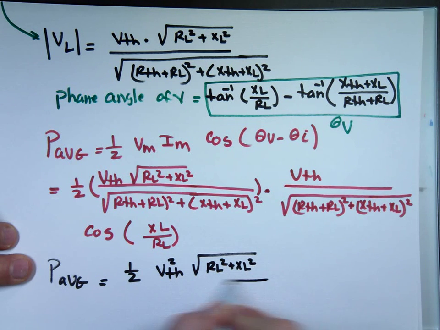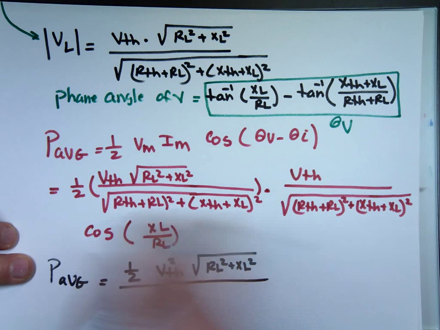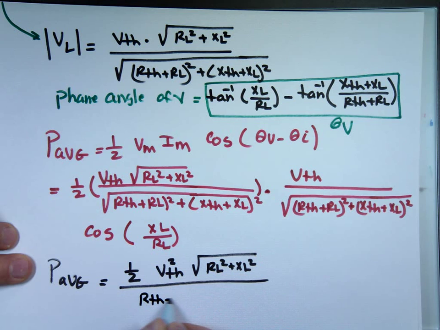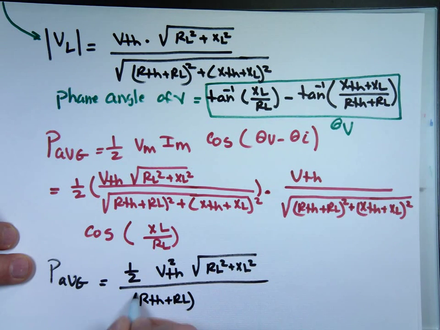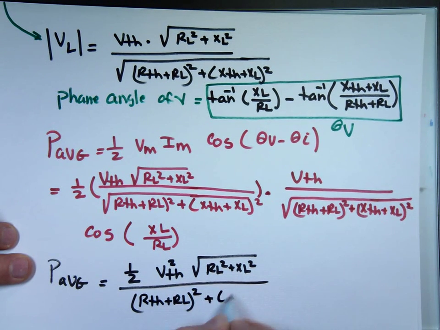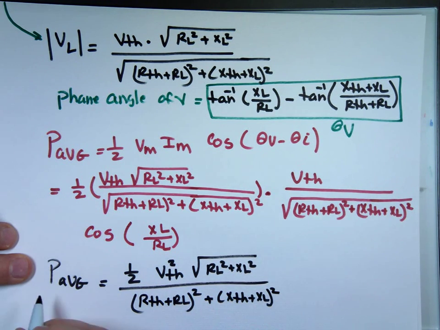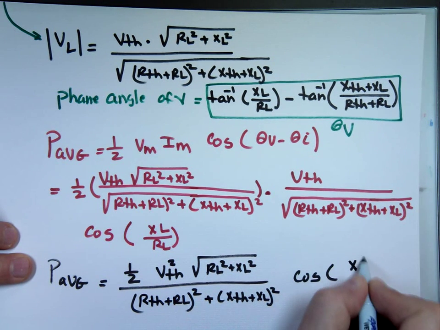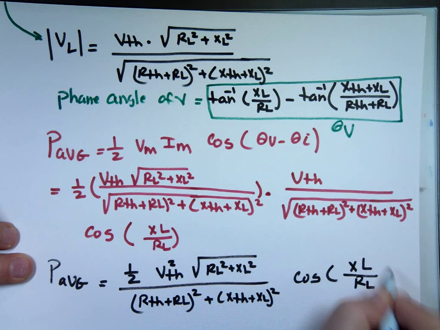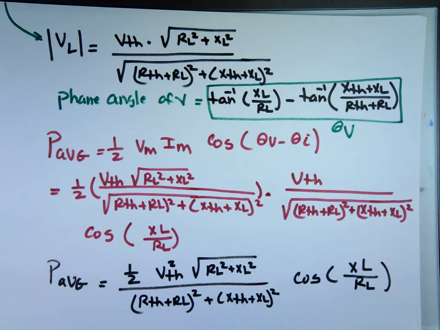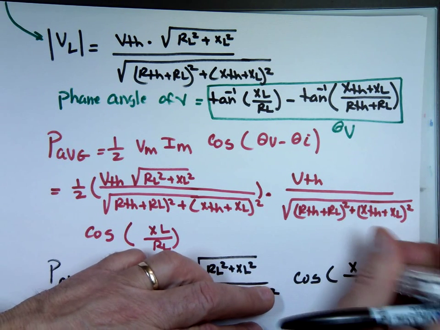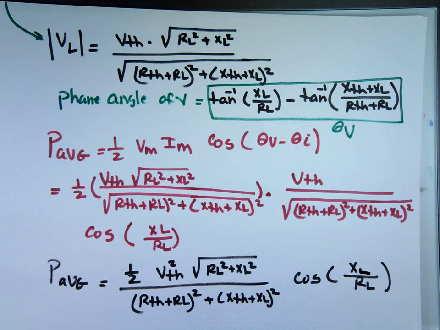The bottom is the same, that means the square root will disappear, and it's cosine of XL over R sub L. Not X times L, X of L over R sub L.